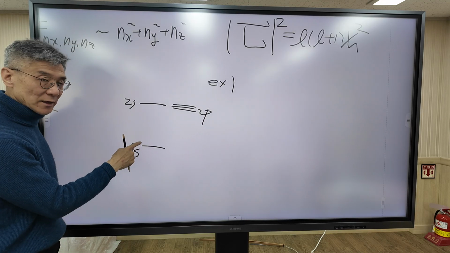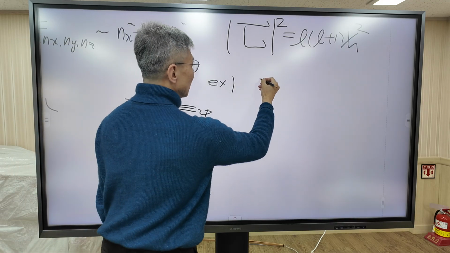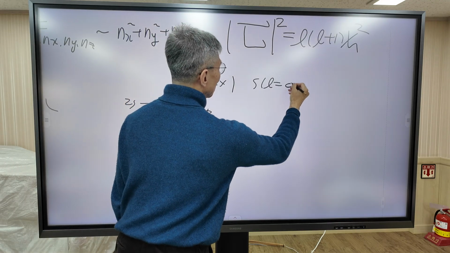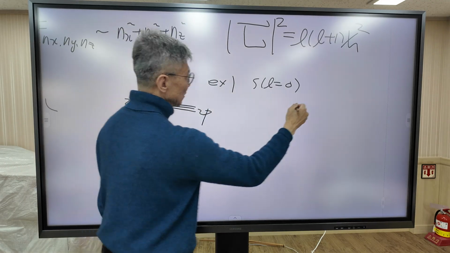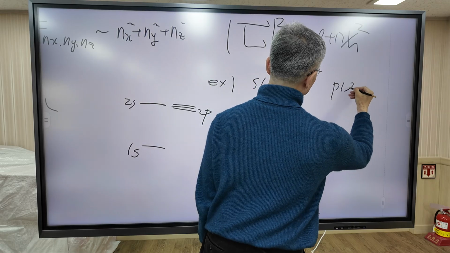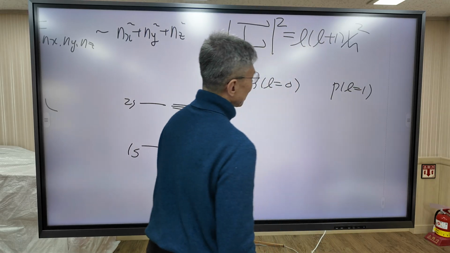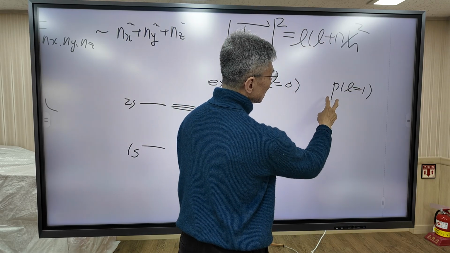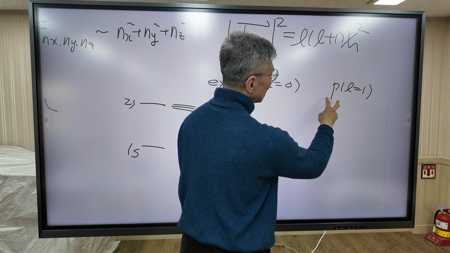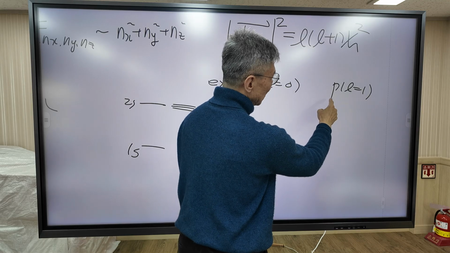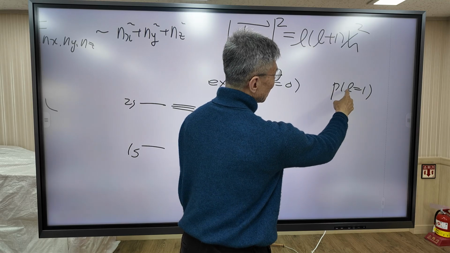The electron in the 1s orbital or 2s orbital has quantum number l equal to 0. I'm going to compare the s orbital with the p orbital. What is the magnitude of angular momentum when the electron is in the p orbital? The angular momentum quantum number l equals 1 for a p orbital.